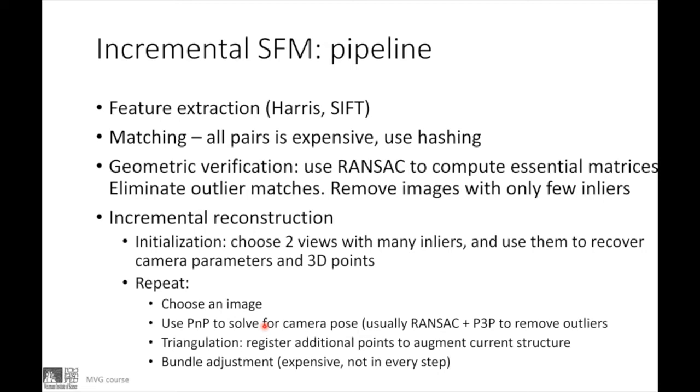What's not written in the pipeline is that we try to extend the pairwise features into tracks, into point tracks. I should have written that. The idea is very simple.